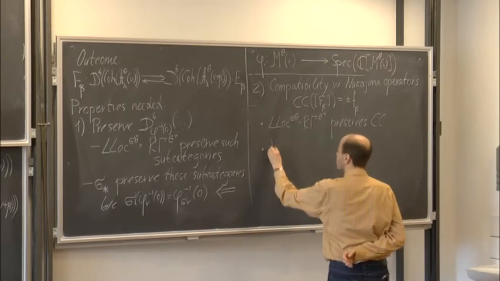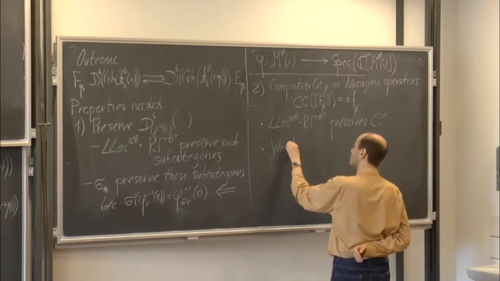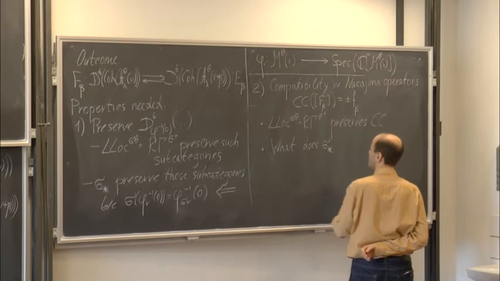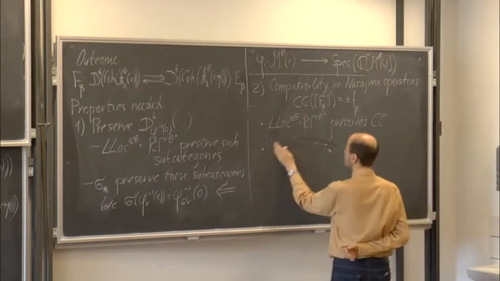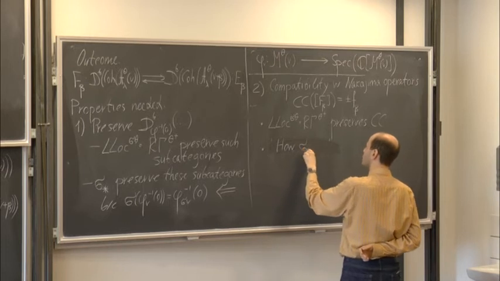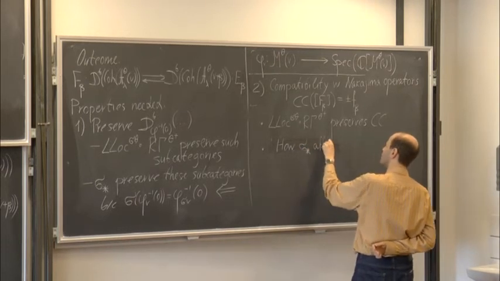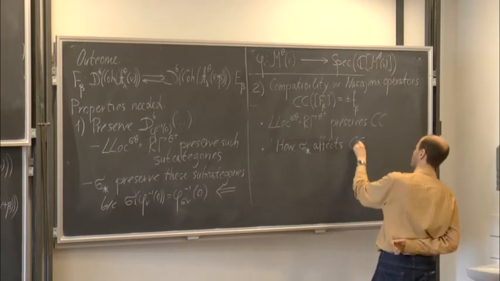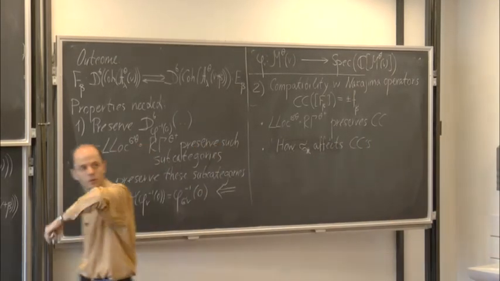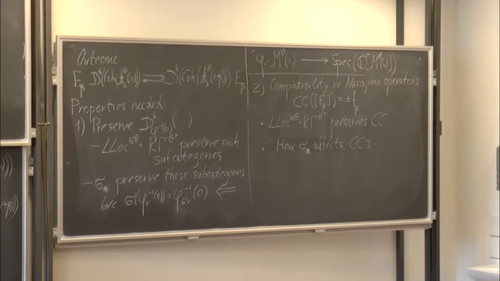So how does sigma star affect characteristic cycles? That's a more interesting question, and I'm going to spend the last maybe 5 minutes in this lecture discussing this question. Okay?